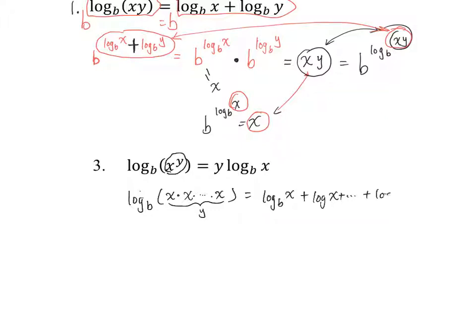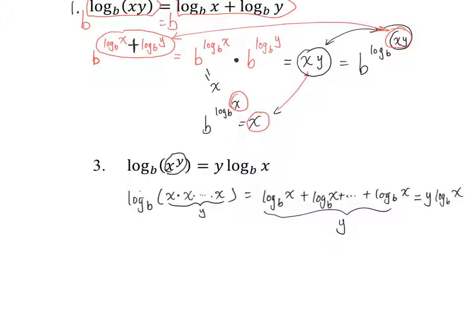That's what you learn from the first property. And how many are there? The y number of these individual log functions are here. So therefore this is y times log with base b of x. So that's how we prove number 3.